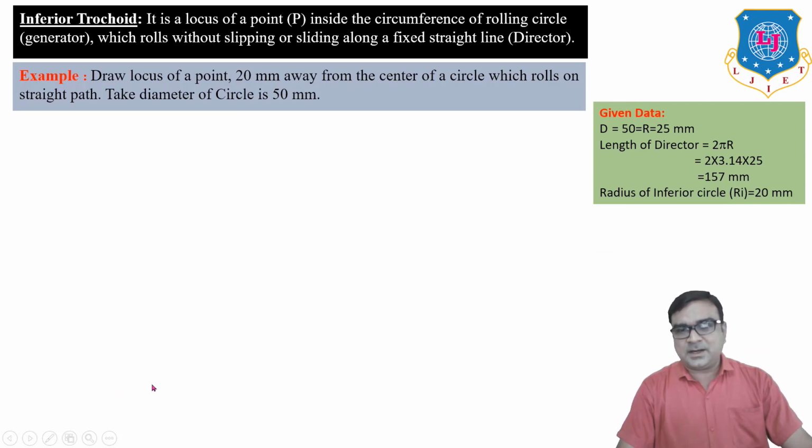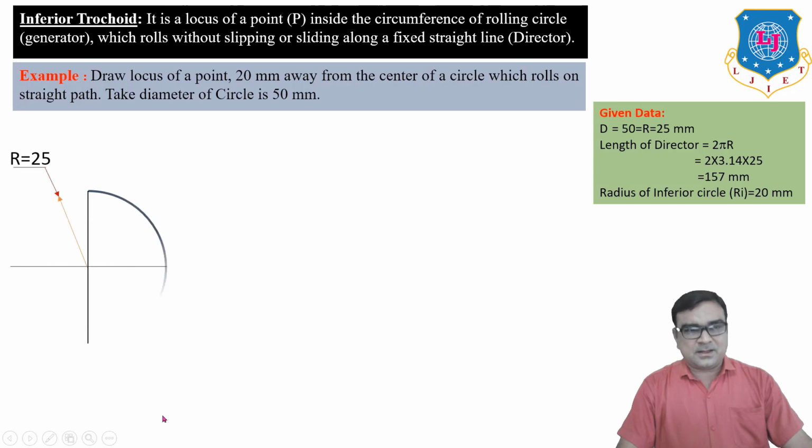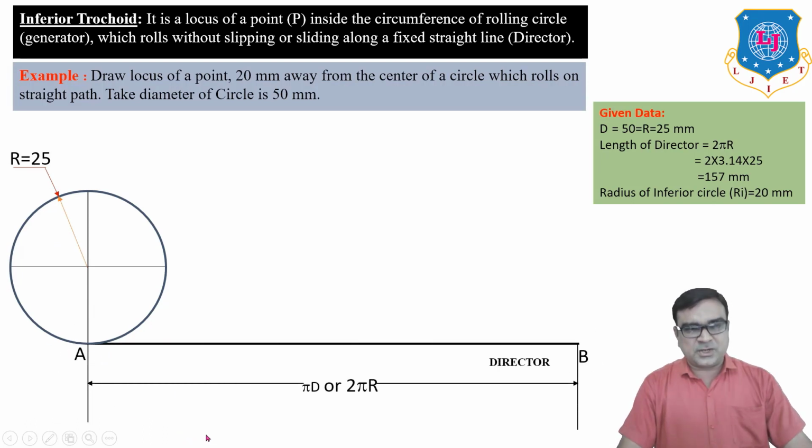Given data: diameter 50, radius 25 mm, circumference length 2 pi r, or 157. So first of all, draw one circle of 25 mm radius or 50 mm diameter, and divide it into 4 equal parts. Draw a horizontal line AB of length pi d, or 2 pi r, which is 157 mm.